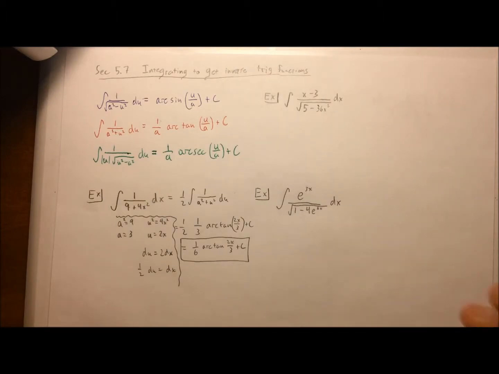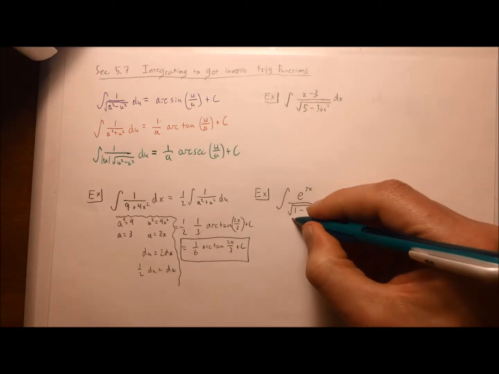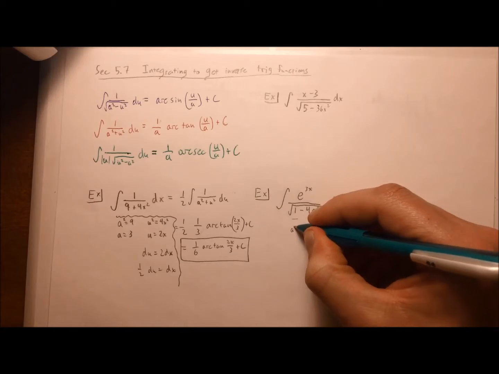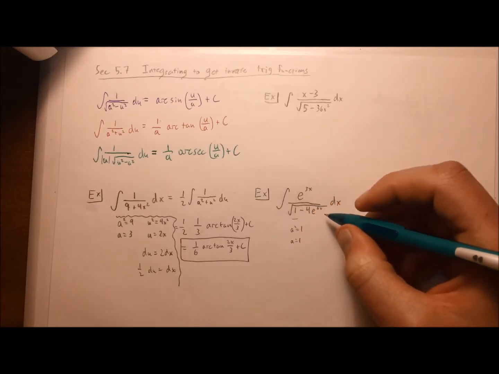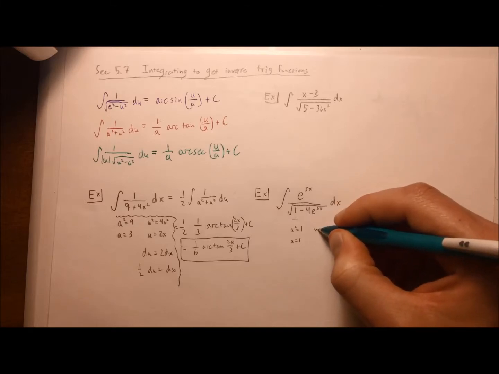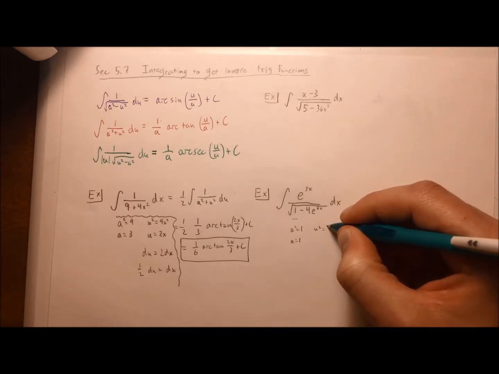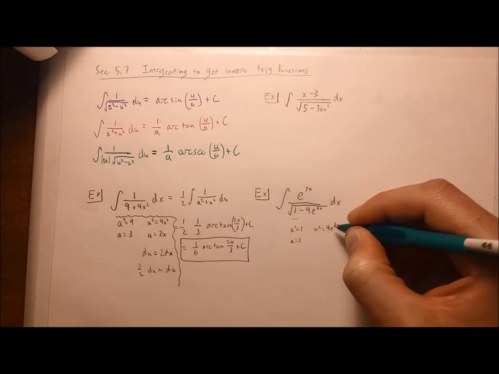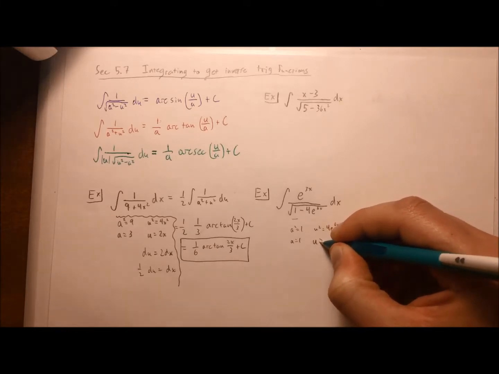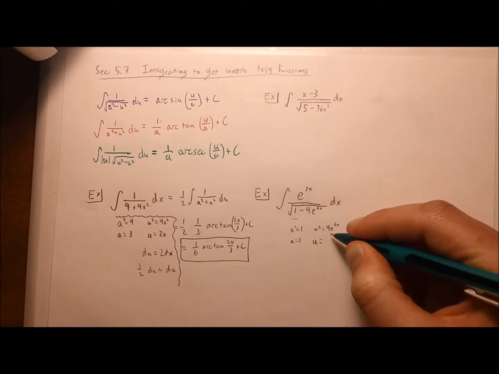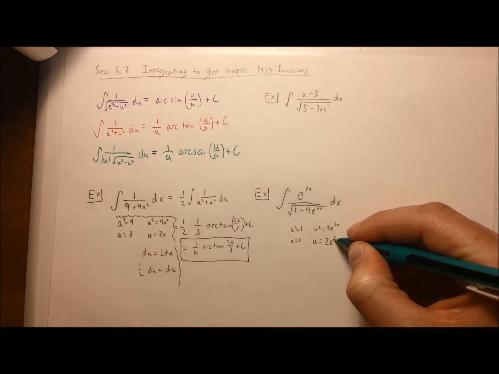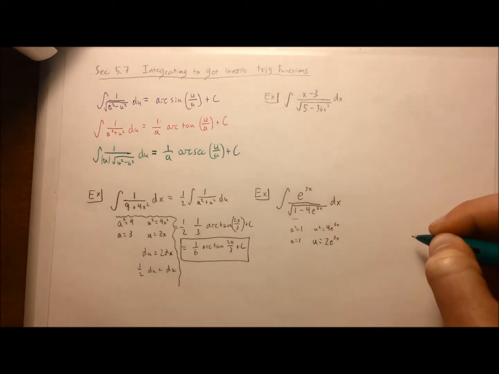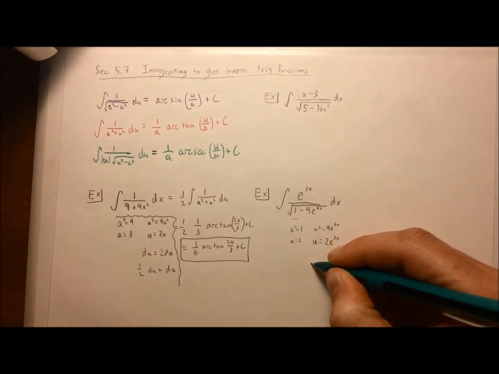So if it's going to be arcsine, that means the a has to be this number right here. A squared is equal to 1, so a is equal to 1. And u squared is going to be 4e to the 6x, which means u is just going to be 2e to the 3x. Let's derive this.